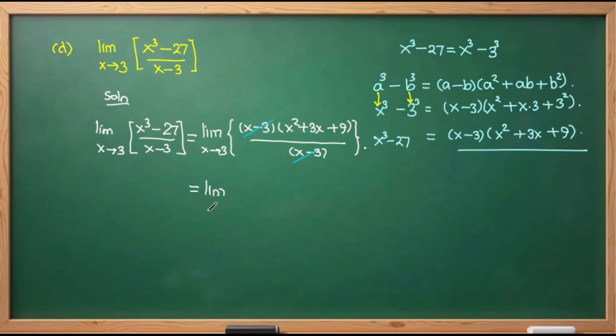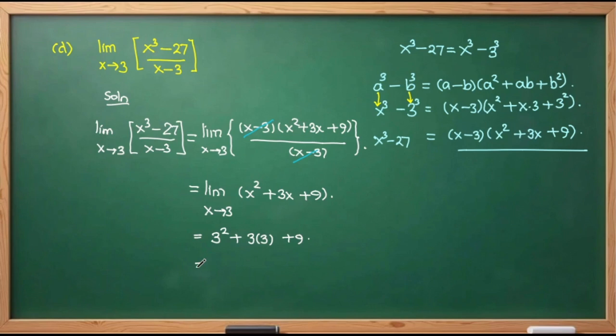Finally we rewrite this as the limit as x tends to 3 of the remaining bracket, and our bracket has terms like x squared plus 3x plus 9. Then we can go ahead and make the substitution where there is x, we place a 3 there. So we have 3 squared for the first term, and for the second term we have 3 times 3, plus 9.